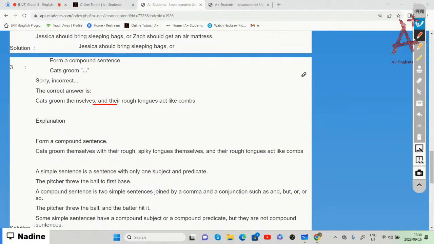So: cats groom themselves, and their rough tongues act like combs.